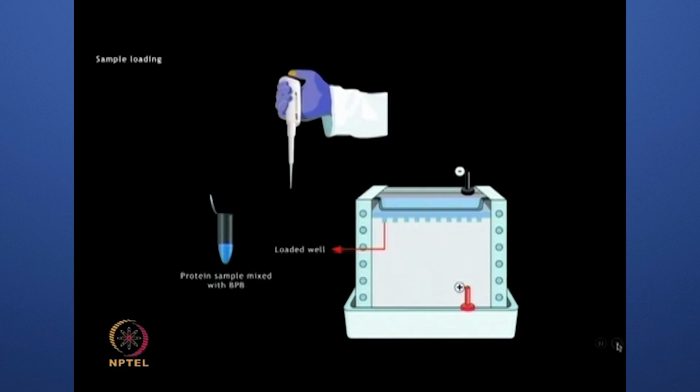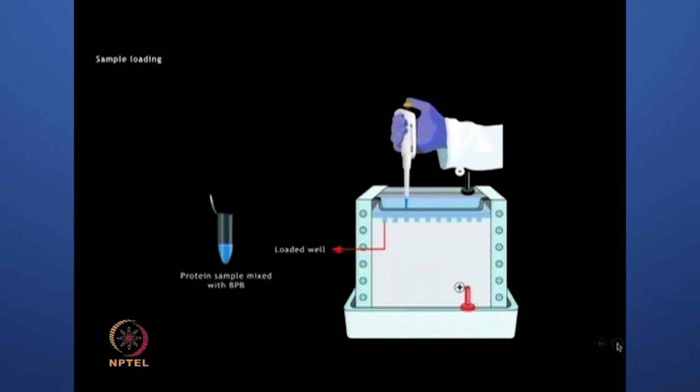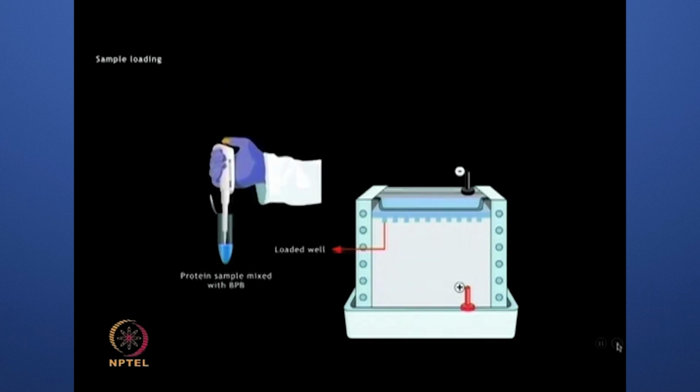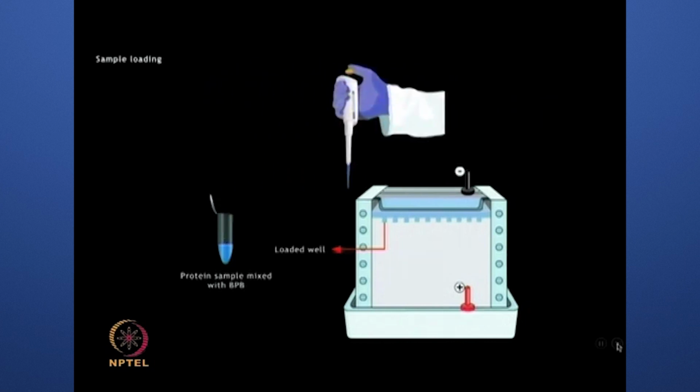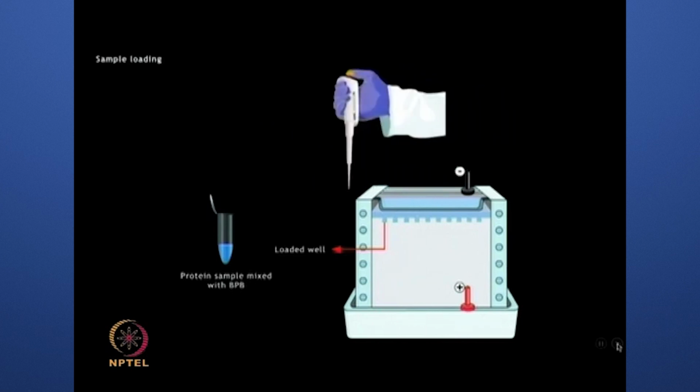The protein samples can be loaded into the wells by using a micropipette. As you can see in the animation, you can use different wells to load different types of samples.